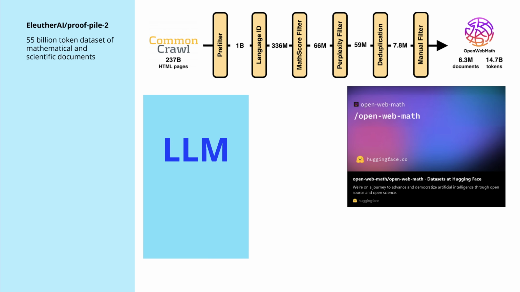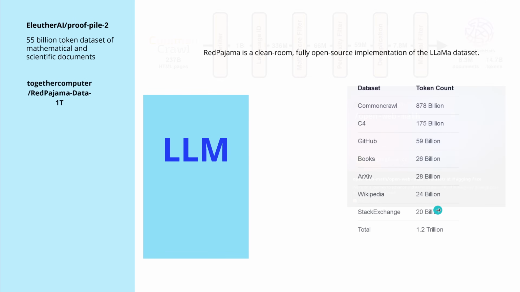I know it's a shocking amount, just 6 million, but hey, at least we have close to 15 billion tokens. And yes, you find it on Hugging Face, and of course it is part of the Proof-Pile 2. So you see, we go from 237 billion to just 55 billion tokens.